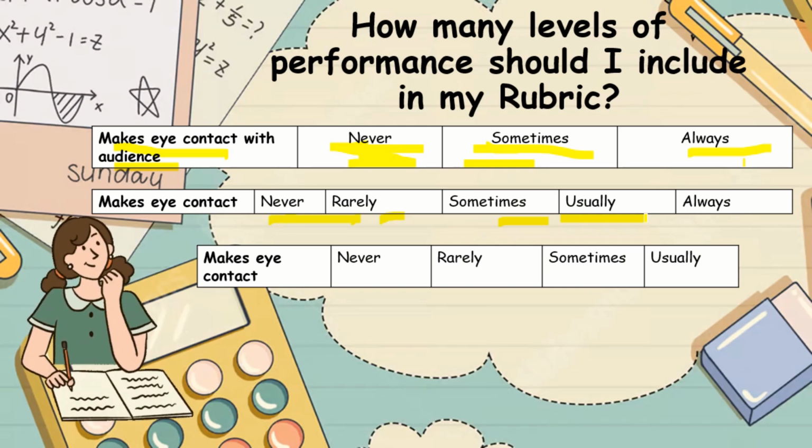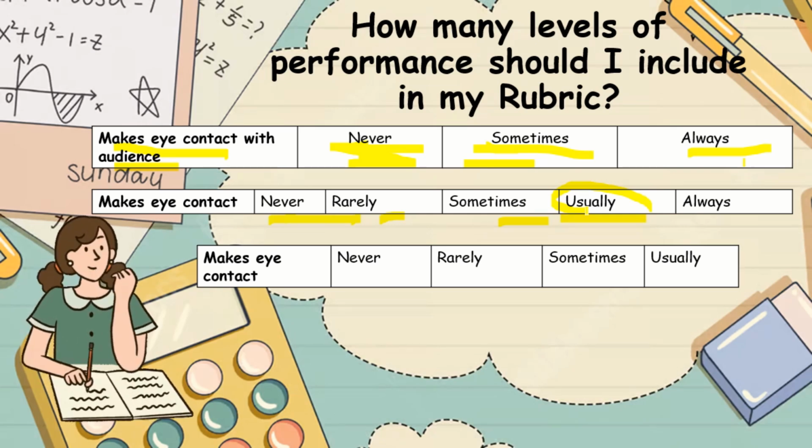For example, another teacher might decide to leave off the always level in the above rubric because usually is as much as normally can be expected or even wanted in some instances. So the makes eye contact portion of the rubric for the teacher might be never, rarely, sometimes, and usually.